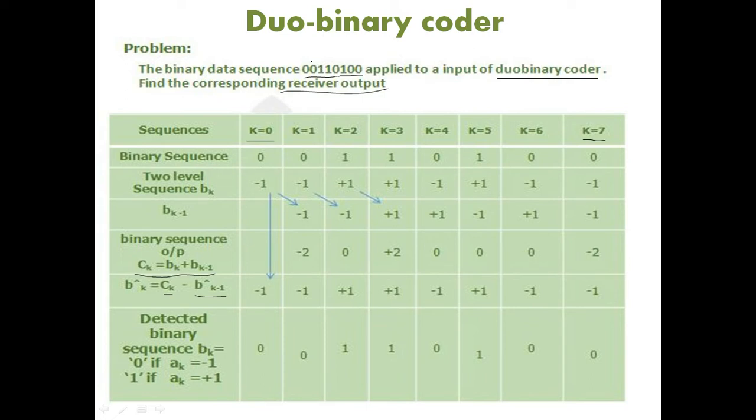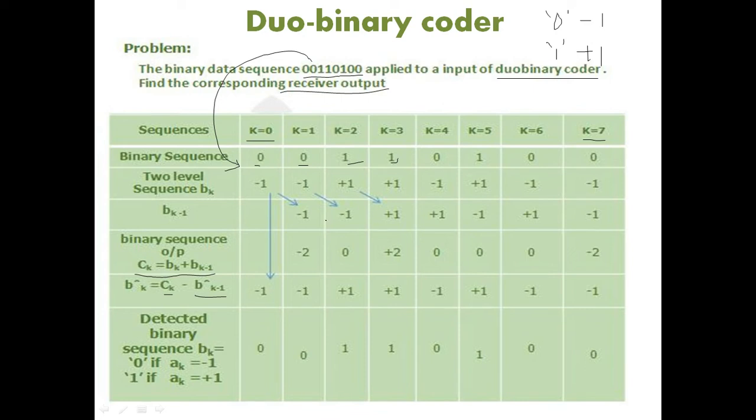The same data, whatever they have given, I have written over here, in the same order: 0 0 1 1 0 1 0 0. As we discussed in the theory, 0 will be represented as minus 1, and binary 1 will be represented as plus 1. I have done the same thing here: 0 is represented by minus 1 and 1 is represented by plus 1, in all the steps up to the last.